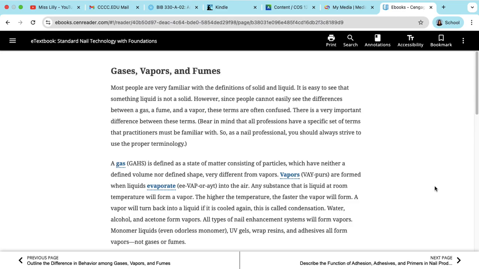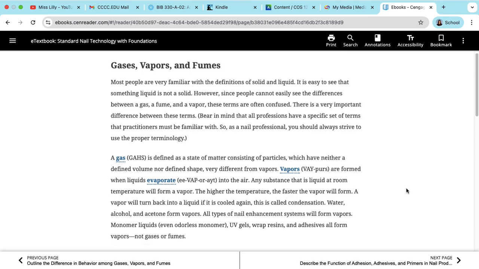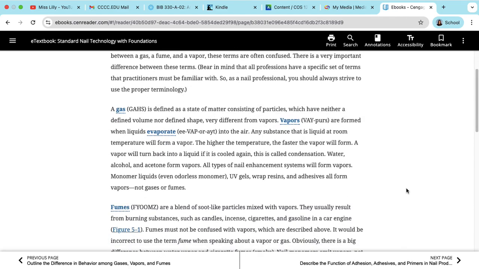Gas is defined as a state of matter consisting of particles which have neither a defined volume nor defined shape. Very different from vapors. So gas has no volume or shape. Vapors, on the other side, are formed when liquids evaporate into the air.